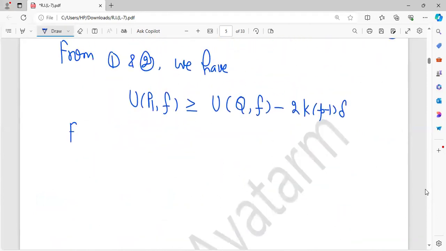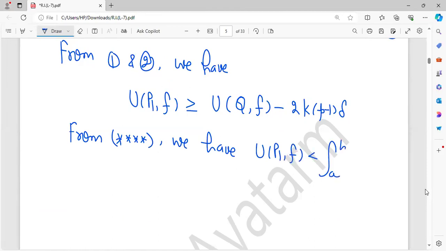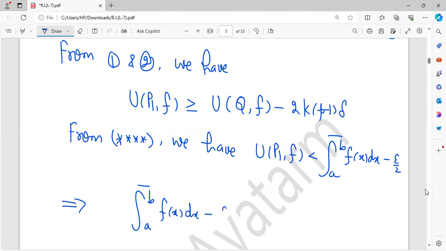But from star we have U(P1, f) is less than the upper integral of f(x) dx from a to b minus epsilon by 2. So this implies the integral of f(x) dx minus epsilon by 2 will be strictly greater, because this part is strictly greater and this is greater than, so this will be strictly greater.